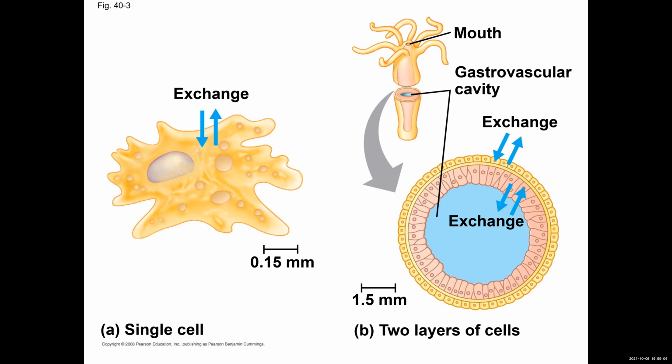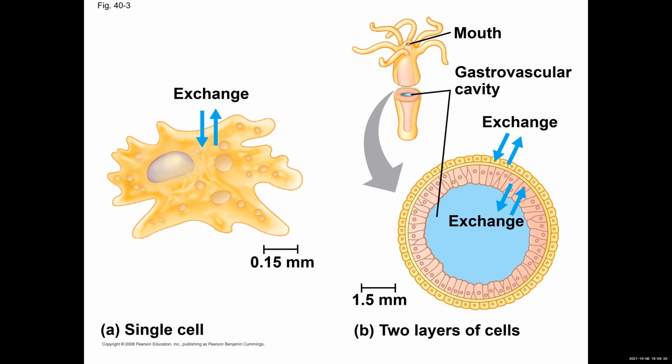So where we have a small organism, or where we have a shape of the organism that has lots of little convolutions or wiggles in it, that increases the amount of surface area that's in contact with the environment.